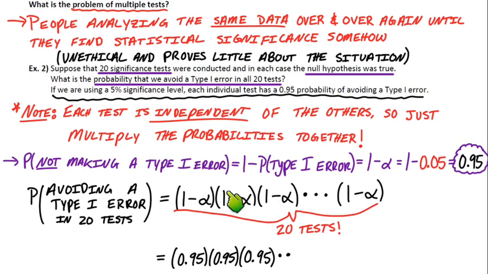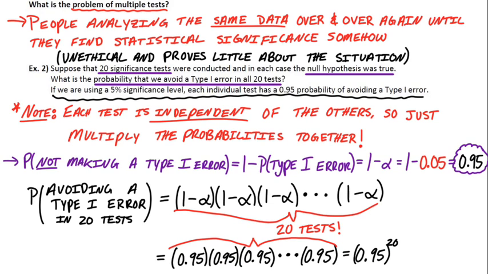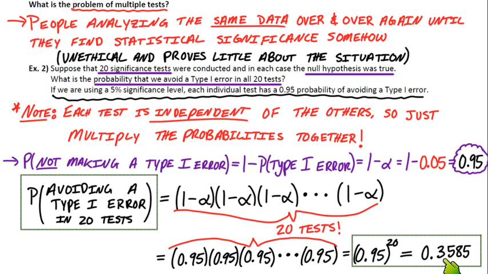If 1 minus alpha is 0.95, we can just do 0.95 to the power of 20. Which, drum roll please, what's the probability we don't make a type 1 error in 20 tests? It's actually only 0.3585, so about a 36% chance. That's actually, I mean, the majority of the time we would make a type 1 error if we ran 20 different tests.